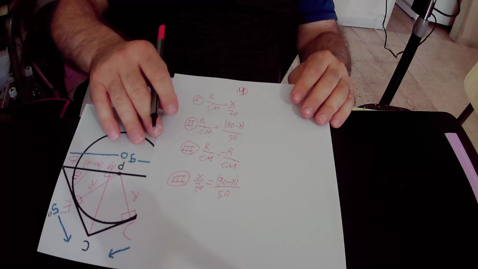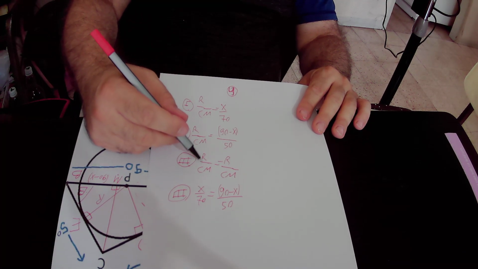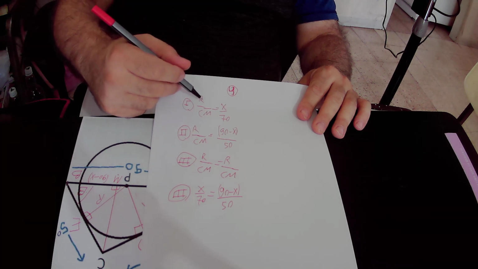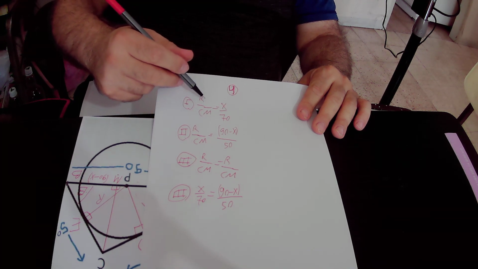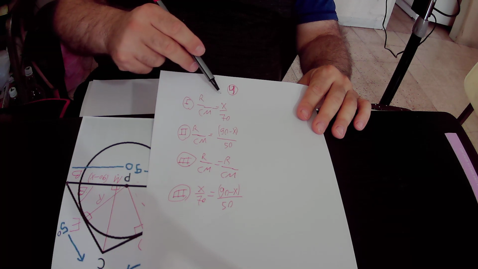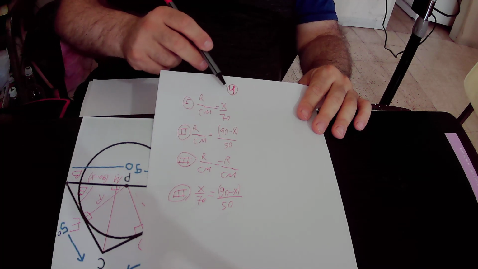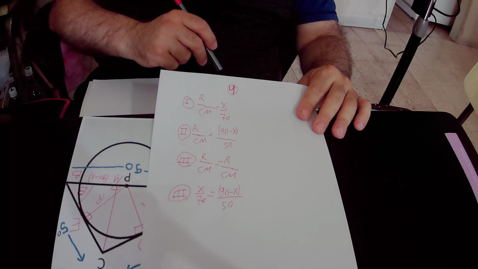Again, I repeat that instead of R over CM, I wrote x over 70, because R over CM equals x over 70.